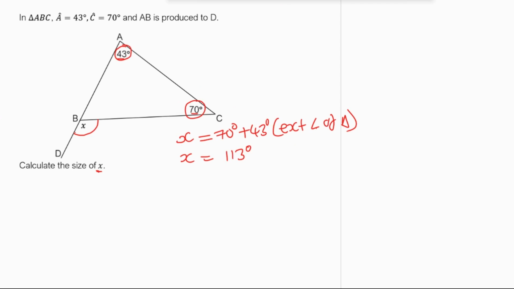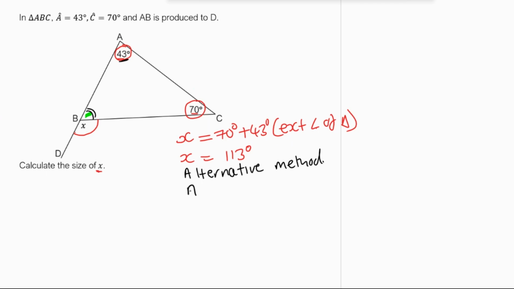Do we have an alternative method? Yes, we have. We can start by finding this interior angle, which is angle ABC. Right, let's find angle ABC. So angle A plus angle ABC plus angle C must give us 180 degrees because these are interior angles of a triangle.